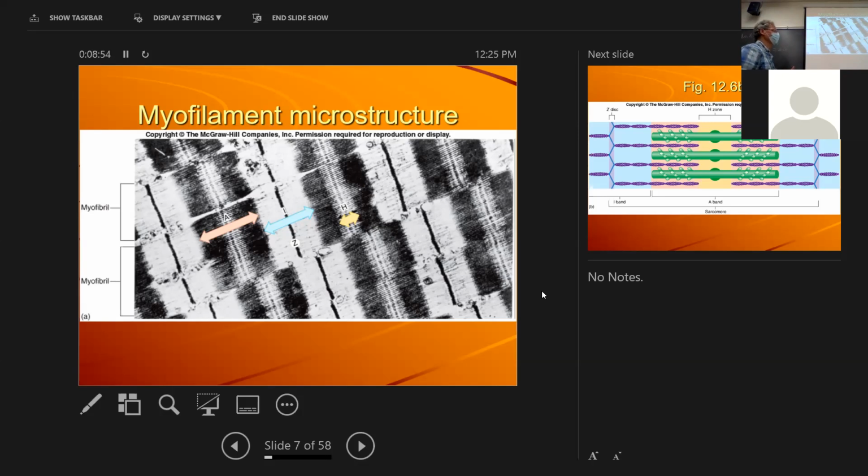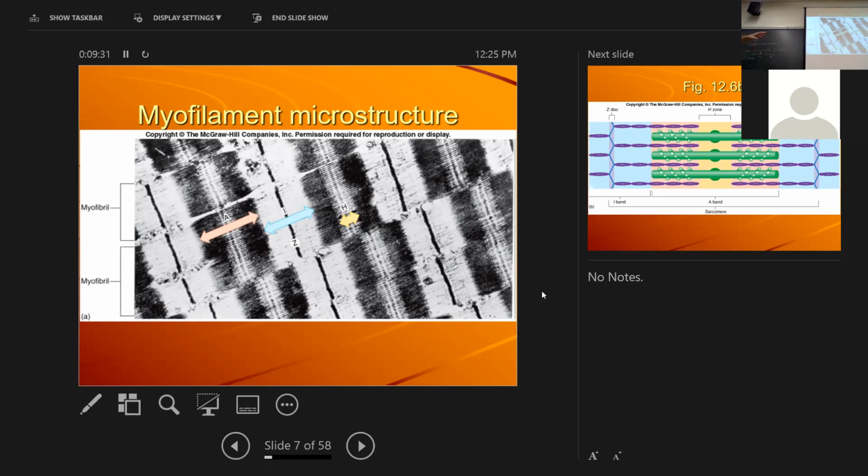And then in between the Z discs, you have part of an I band. And then a so-called A band. Within the A band, there is this area called the H zone. And then you have the rest of the I band.